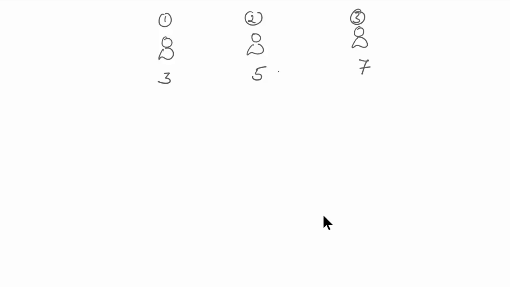First thing is, we say if the first student is greater than the second student. Is 3 greater than 5? No, that is not true. Then do something. So this could be either true or false. If it is true, let's do something. If it is false, then that means that 2 is the bigger one.